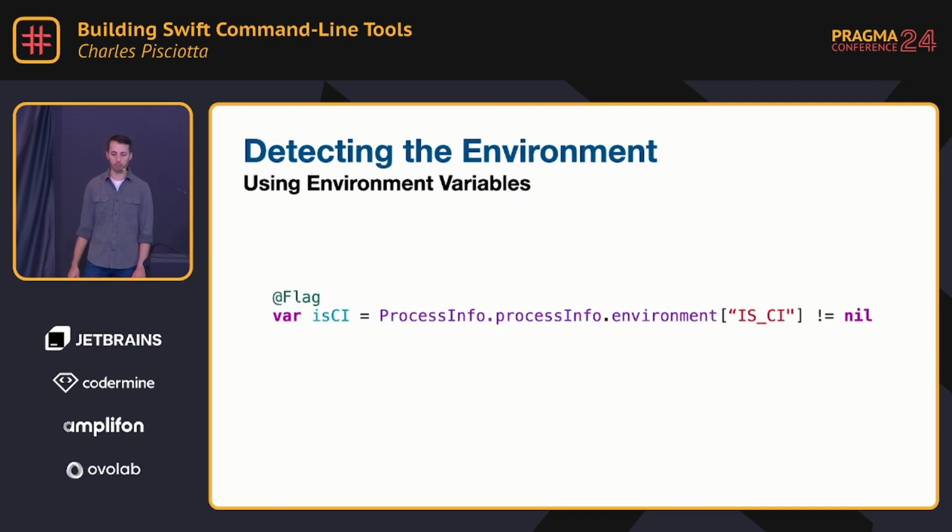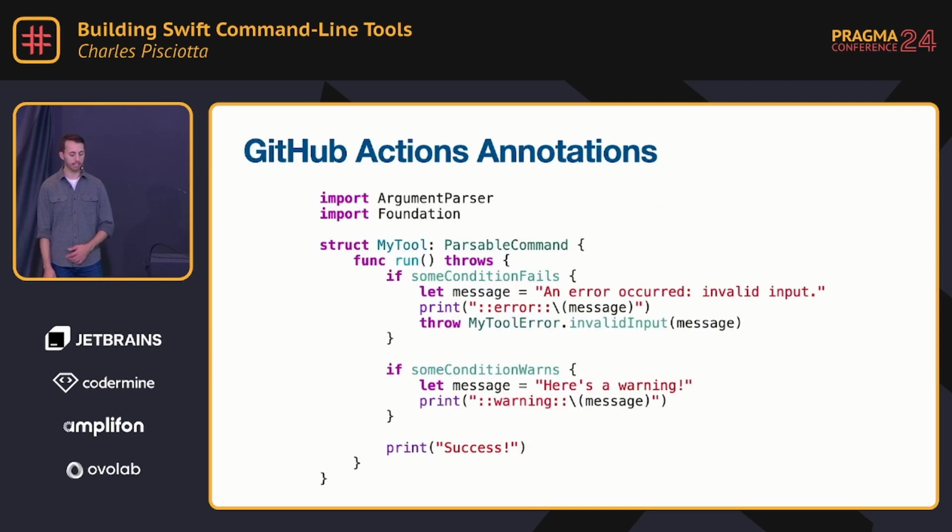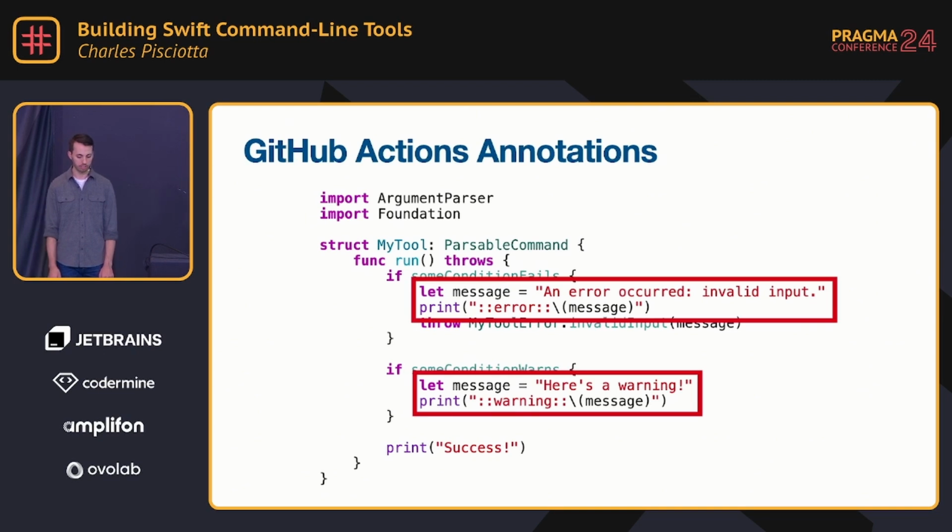Going back to our example about flags, in this case, we know that isCI will be true while executing in the context of GitHub. So we're able to define a default isCI value, again allowing a user to overwrite it if they wish. In this case, we can now prefix our message with those error and warning strings.